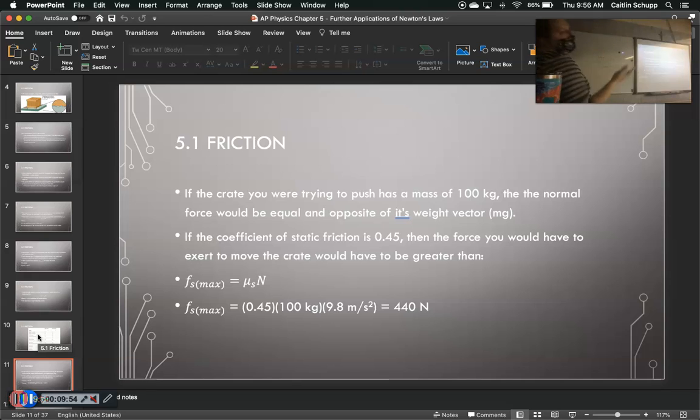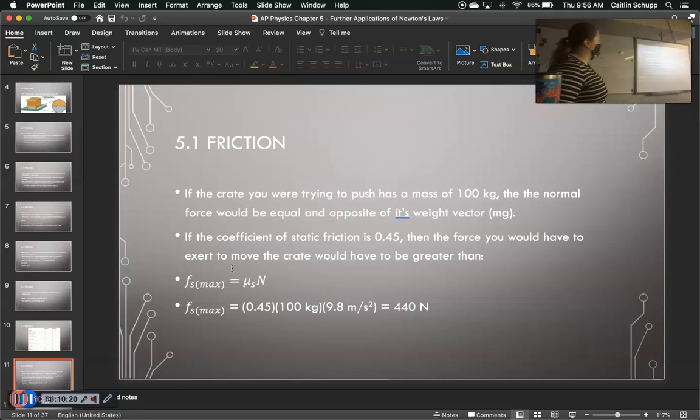So now we can go back to our ramp scenario and try to figure out what the force of friction is, given the information that we now know. In this particular case, we're told 100 kilograms, so we're on our horizontal. So we know the weight vector is going to be 100 times 9.8. The coefficient of friction for that scenario is given as 0.45.